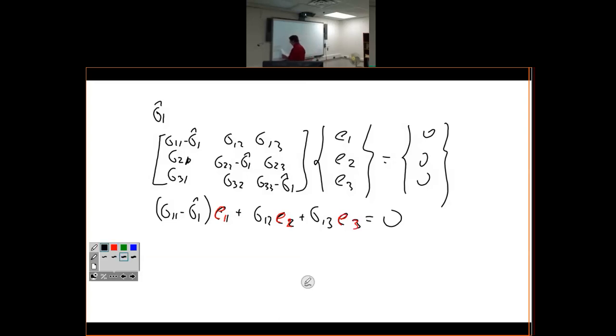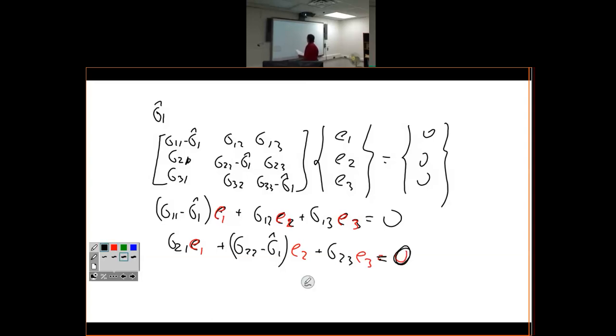E1, E2, and E3 in this equation are unknowns. The others are known. Second equation: sigma 2 1 times E1, plus sigma 2 2 minus sigma hat times E2, plus sigma 2 3 times E3, is equal to 0.